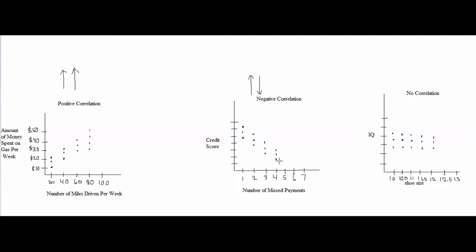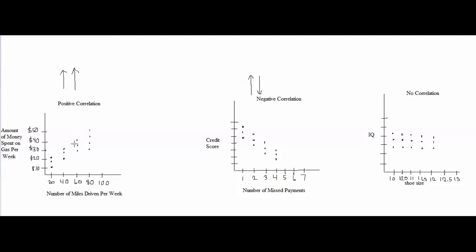But in social science or psychology, there's a lot of examples that are less obvious, and you won't really have an idea of whether they're positively or negatively correlated unless you actually collect data and see what the data looks like.